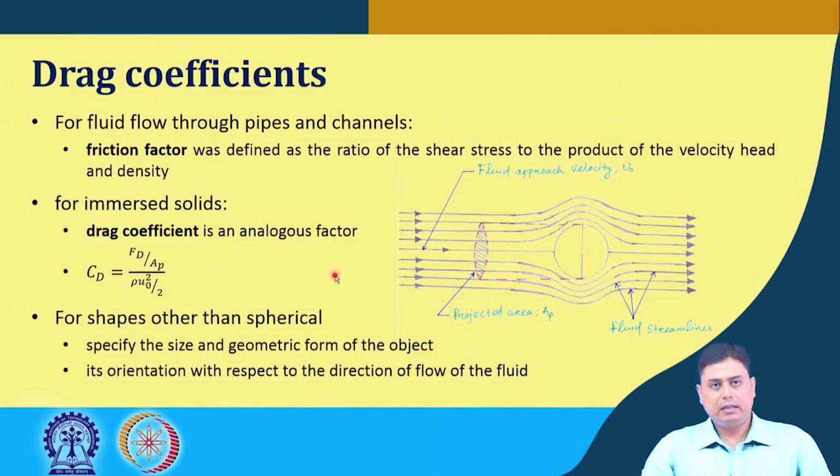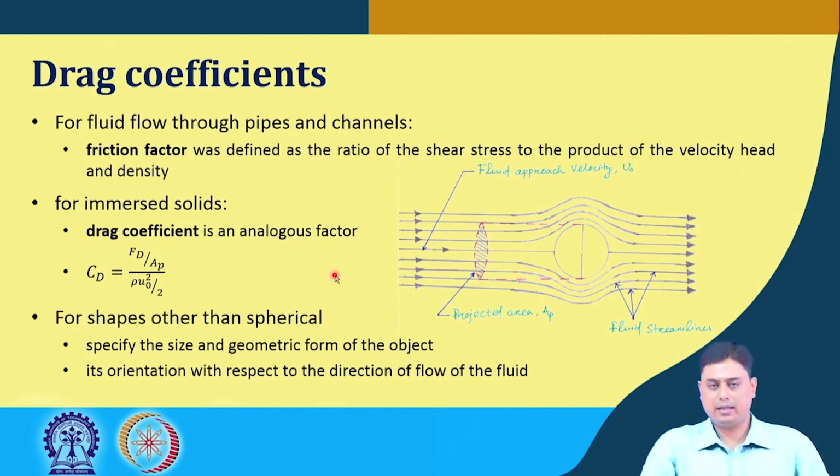So similar to the concept of friction factor, from the things that you have studied, when there is a flow in pipe or conduits, you have heard the term friction factor. So friction factor was defined as the ratio of shear stress to the product of velocity head and density. Okay. So this ratio was defined as the friction factor.